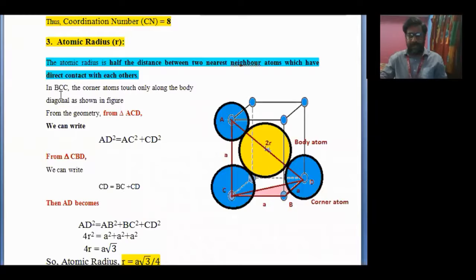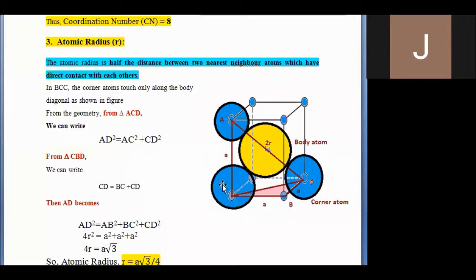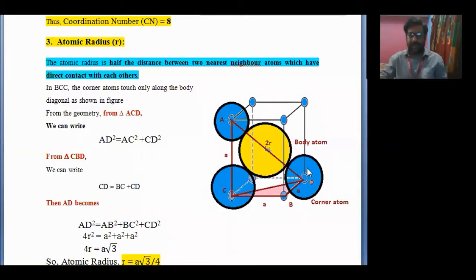In a BCC, the corner atoms touch only along the body diagonal as shown in the figure. From the geometry, from triangle ACD, we can write AD square is equal to AC square plus CD square. Half of the distance here is 1 r, and here also another 1 r.